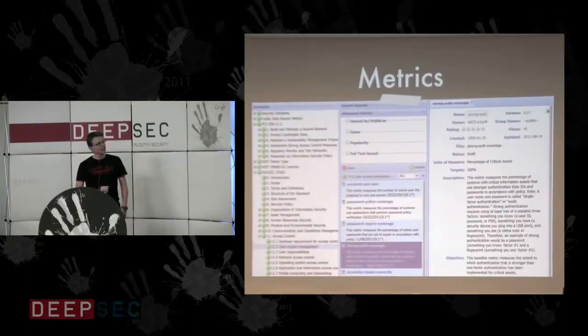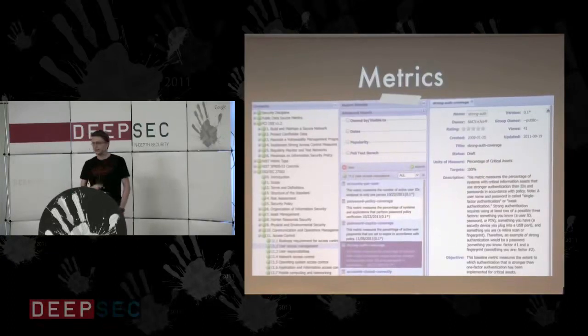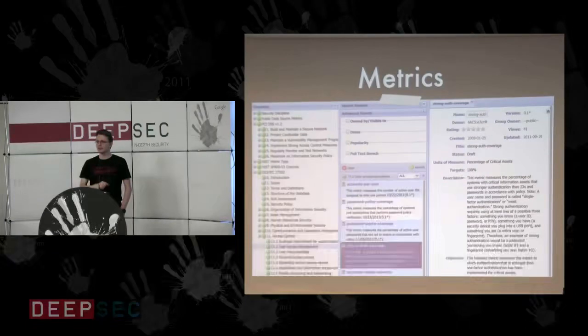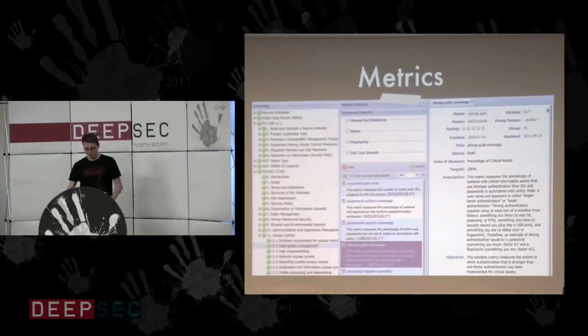What they do there is they have, on the left side, some authority documents. And for some of the controls, they have metrics in there. So you don't really have to reinvent the wheel, just look in there and apply them to your environment, or first find out if it makes sense to apply them.